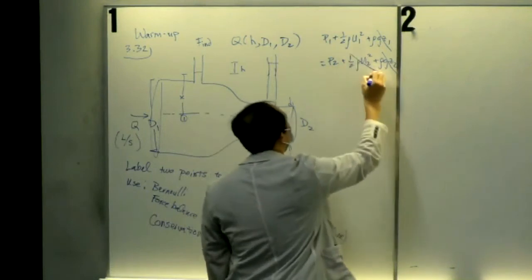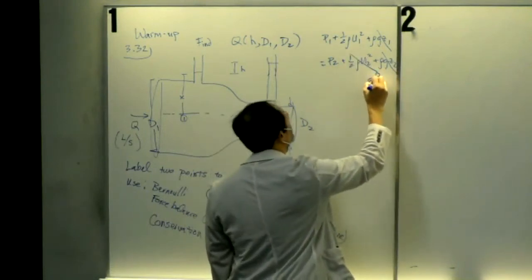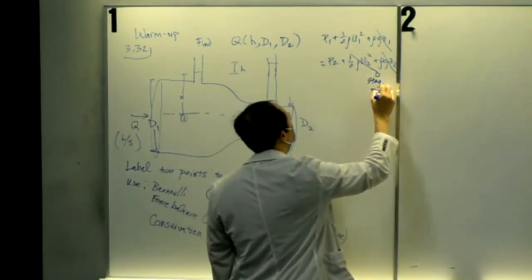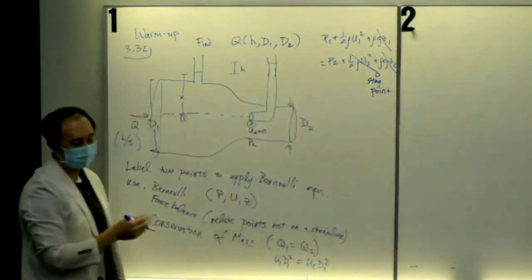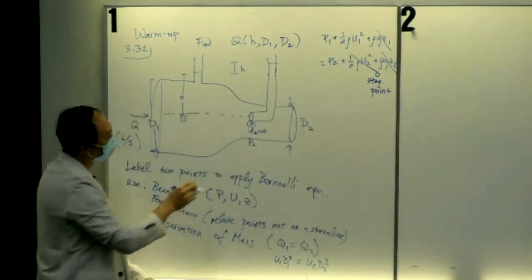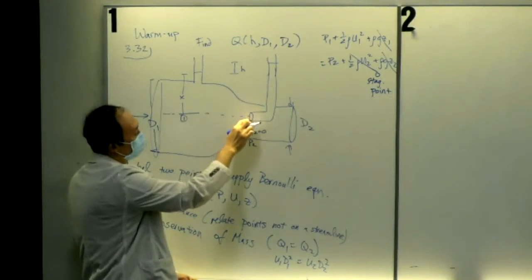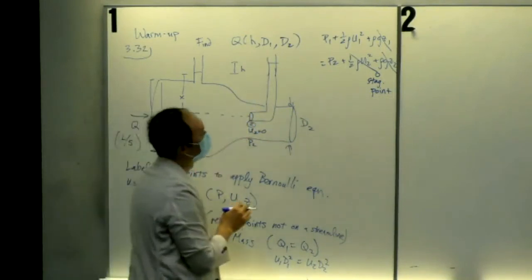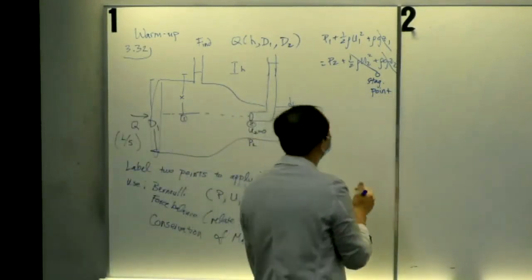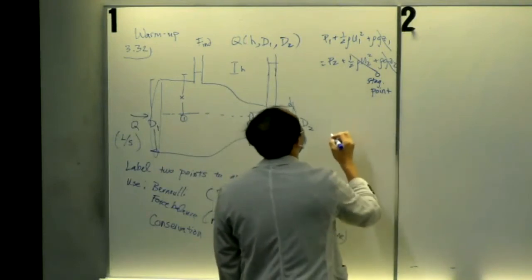You know U2 is 0 because of the stagnation point. That is what this sort of L-shaped pipe does. Not every point that touches that pipe is going to be 0, but definitely the one in the middle. And that's the theoretical point that you care about.